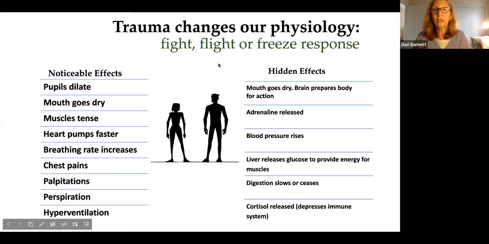Trauma actually changes our brain's response to additional input. For instance, a student who experienced a lot of trauma goes into fight or flight mode with a small incident.